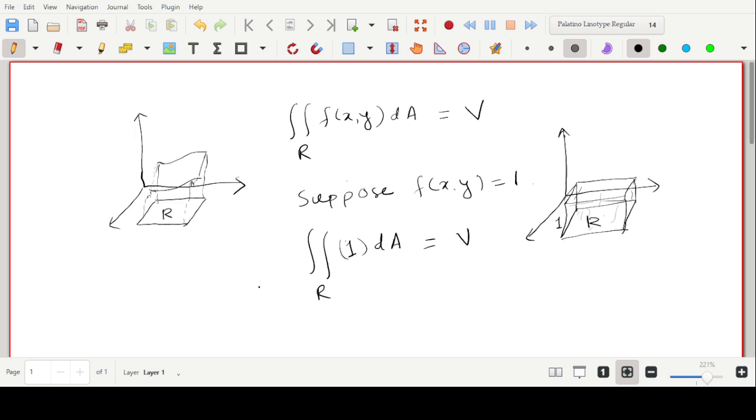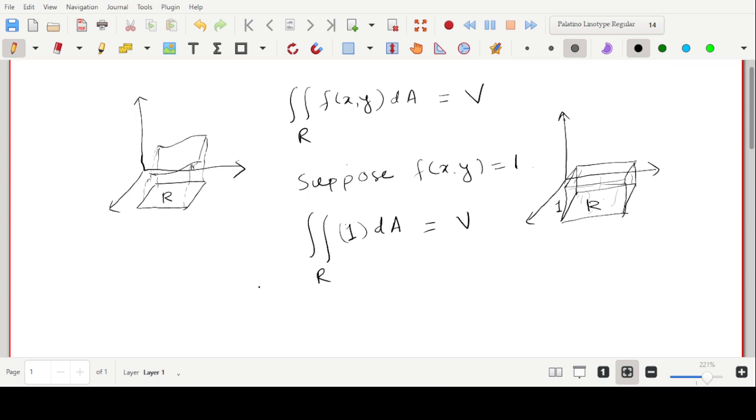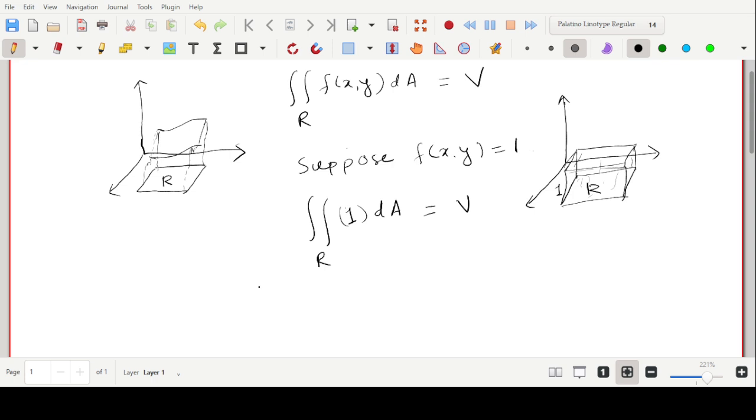Alright, fine. But what do we know about the volume of a rectangular cube? We know that the volume of a rectangular cube is the area of this base rectangle multiplied by the height. So area of the base rectangle R multiplied by the height.